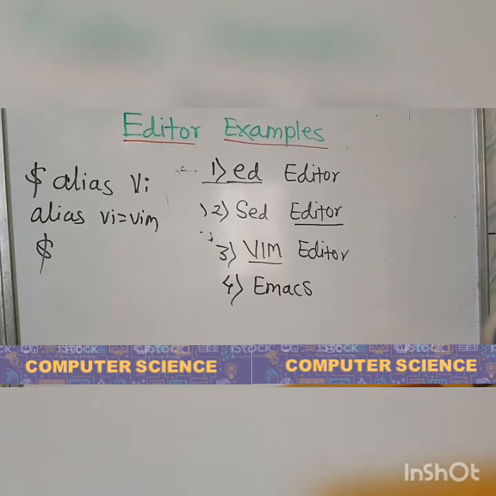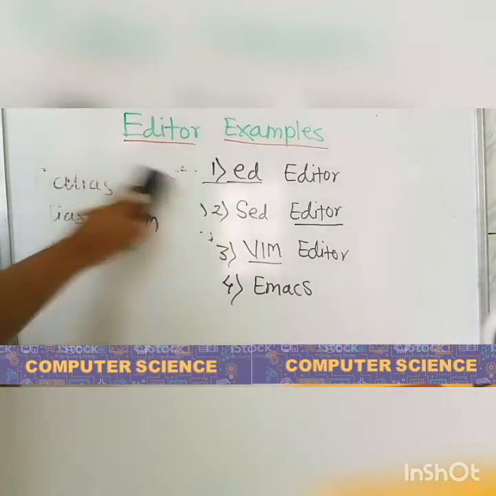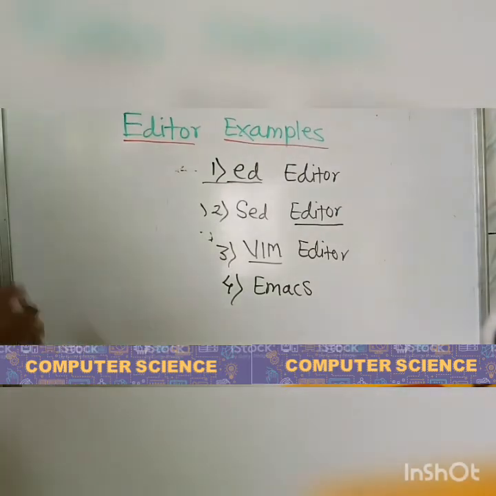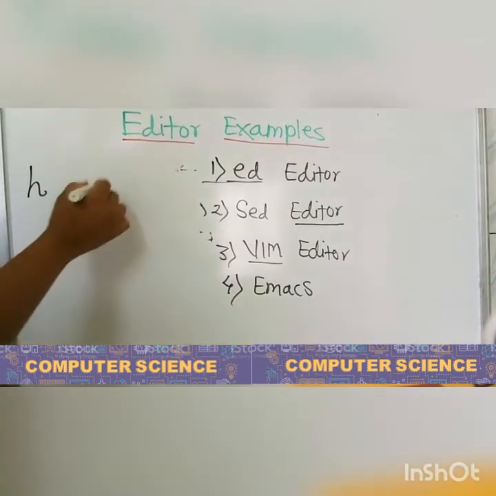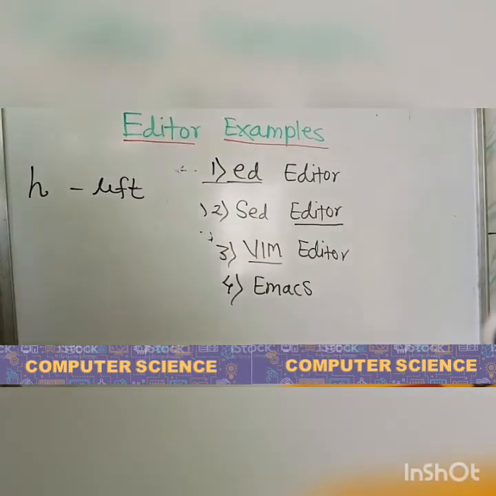The different commands which are used to move the cursor are listed as the H command. When we have to do a little bit of character shifting, we use H, and it will move one character to the left position.